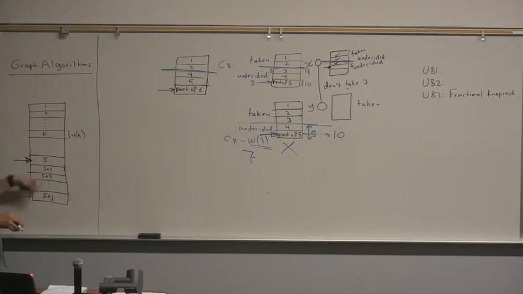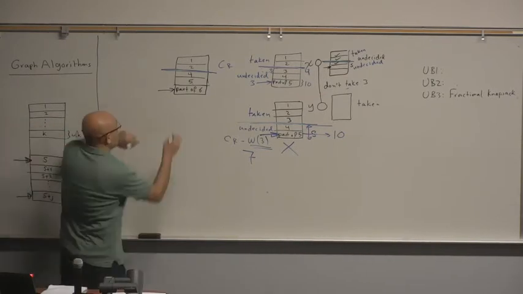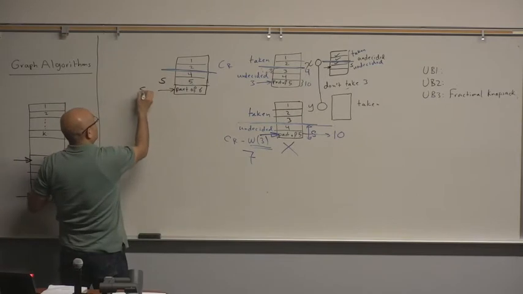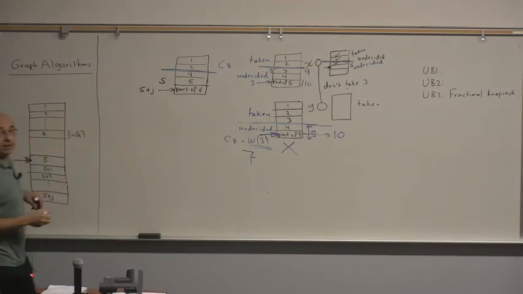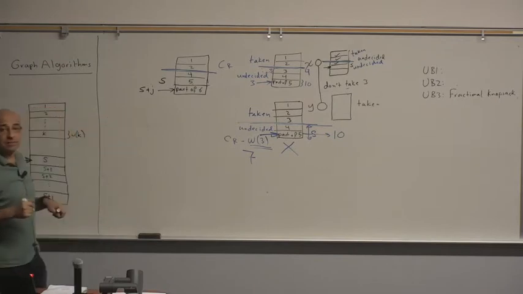What's the value of j? 1. J equals 1, because there is nothing in between. This is your s, and this is your s plus j, where j is 1. So if you only move to the next item, your j is 1.